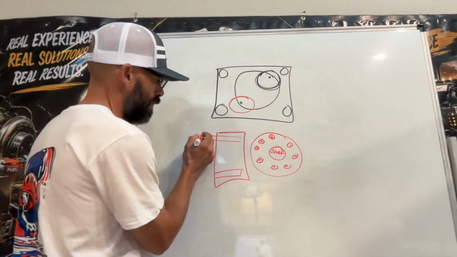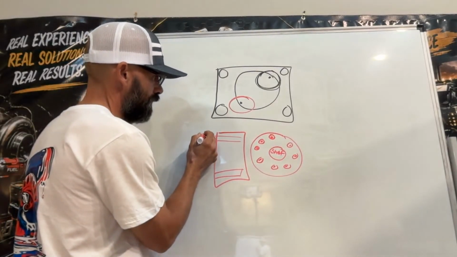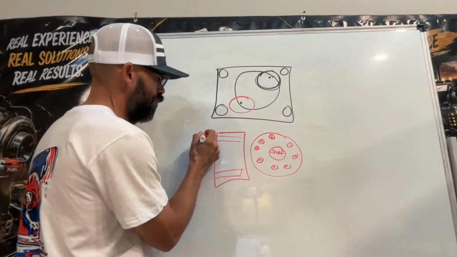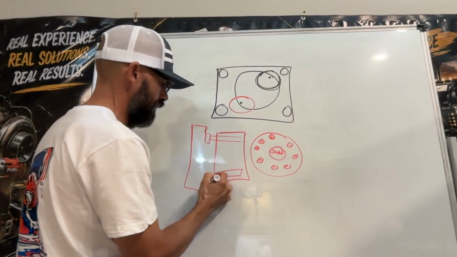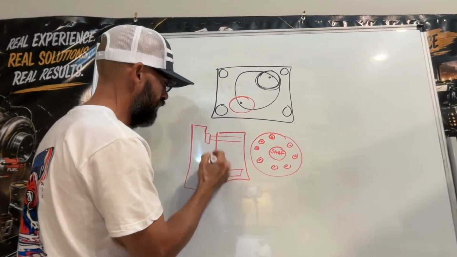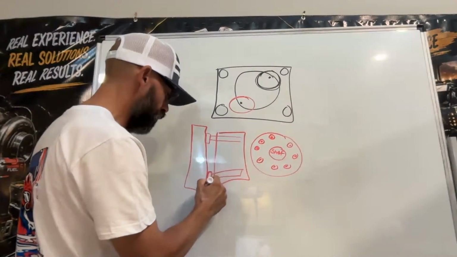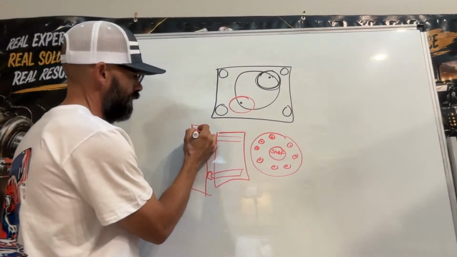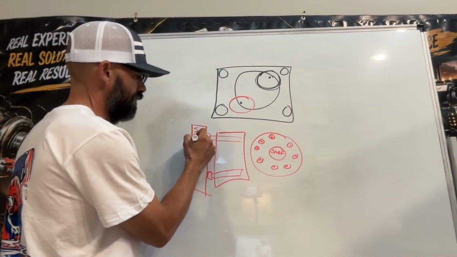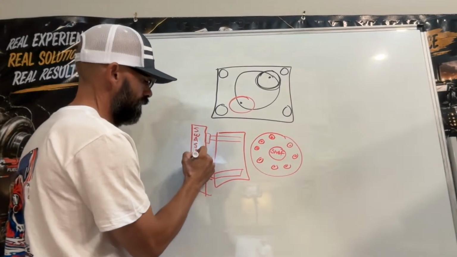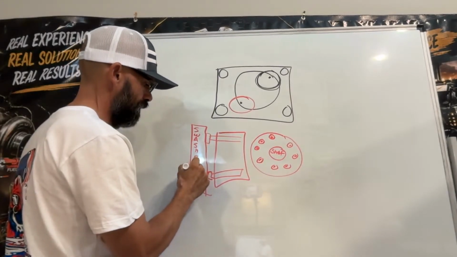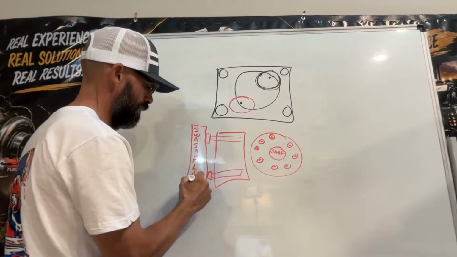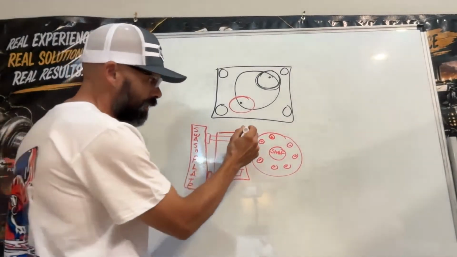But up here, you have the swash plate. This thing runs on the swash plate right here. The pistons move on the swash plate.